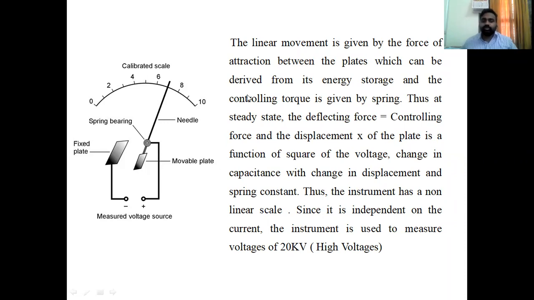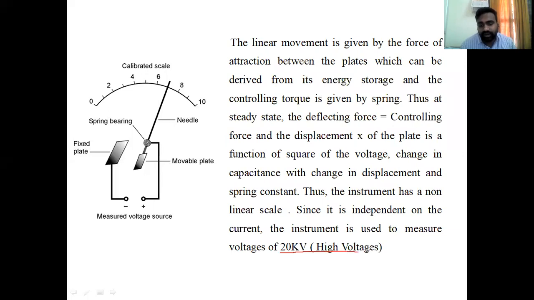Okay, and the most important thing is that here it is a non-linear scale, because the deflection angle theta is proportional to current square, with respect to the torque equation which we discussed earlier. That's why it is having a non-linear scale, and the linear type electrostatic voltmeter is capable of reading around 20 kilovolts.